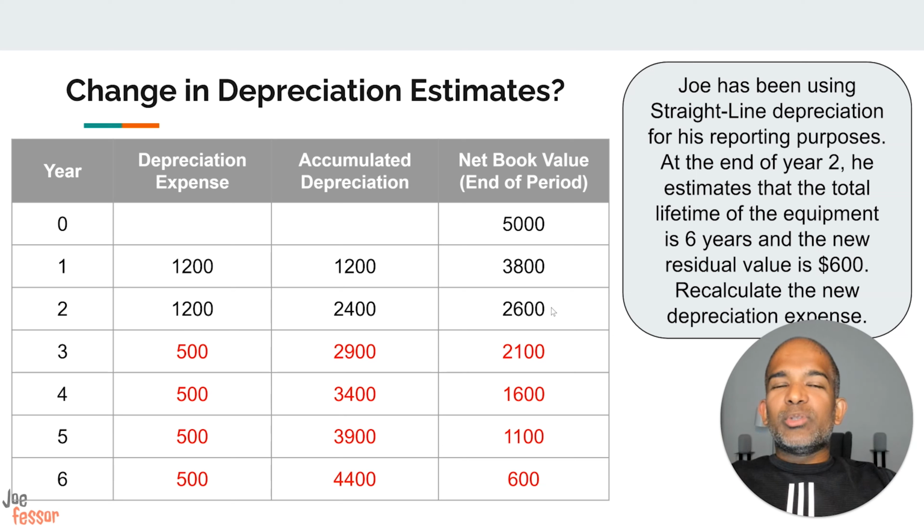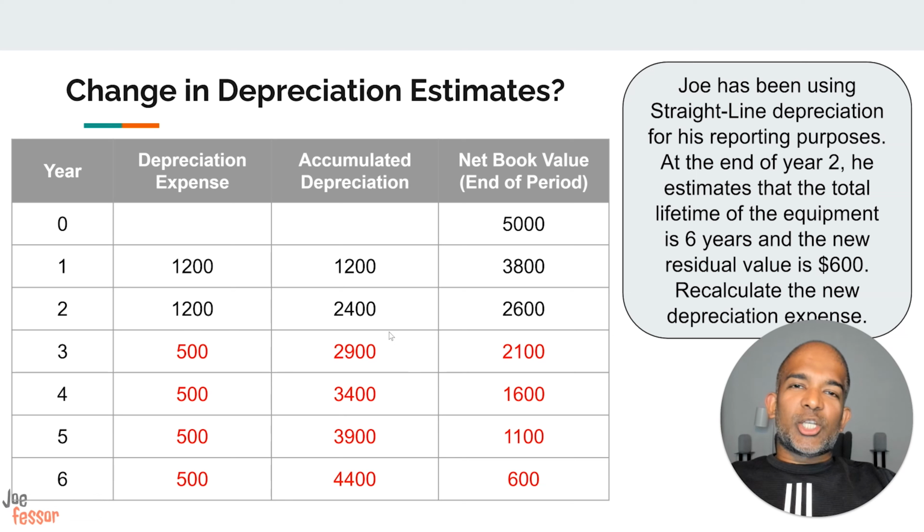So from 2,600, we have to reach a residual value of $600 through a period of 4 years. So the new depreciation expense every year is 2,600 minus 600, which is $2,000, divided by 4 years, which gives us $500 every year. So the new depreciation expense per year is $500. So for year 3, depreciation is $500.